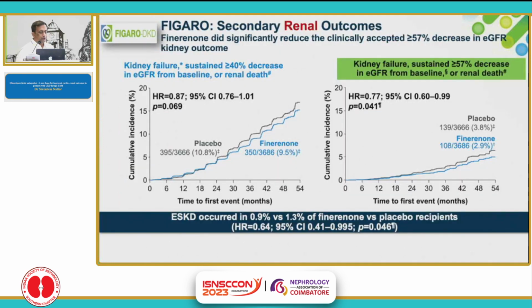Figaro secondary renal outcomes, again, kidney failure, sustained 40% decrease in eGFR from baseline or renal death, showed a 13% benefit with regards to using finerenone. And if you look at 57% GFR decrease, even then finerenone use was beneficial in this study population.